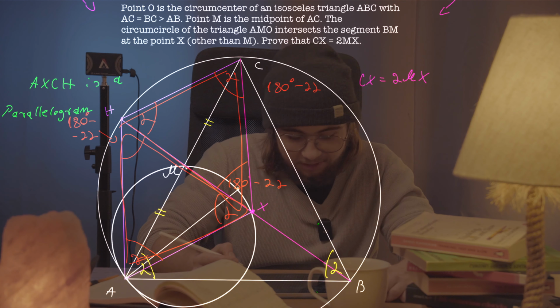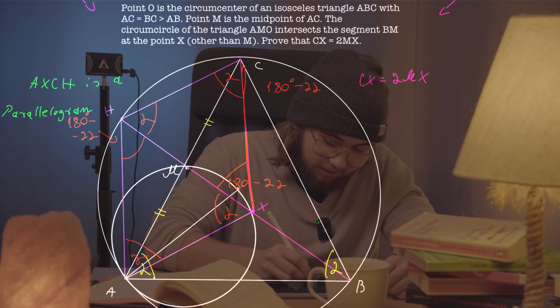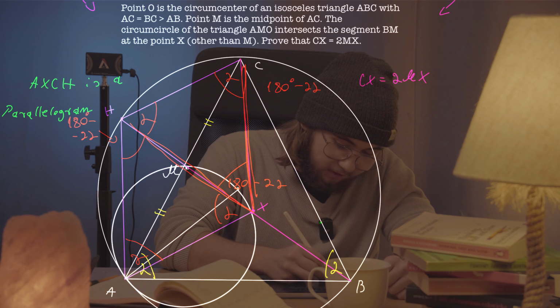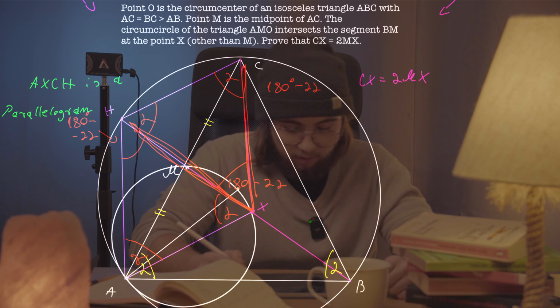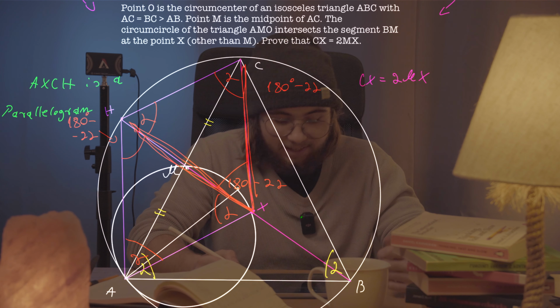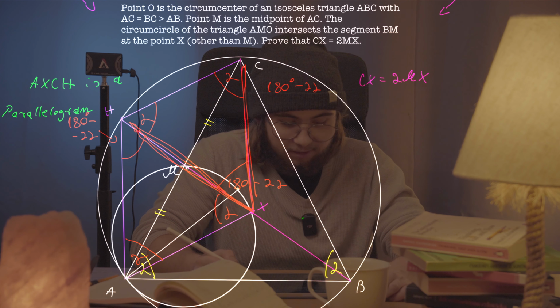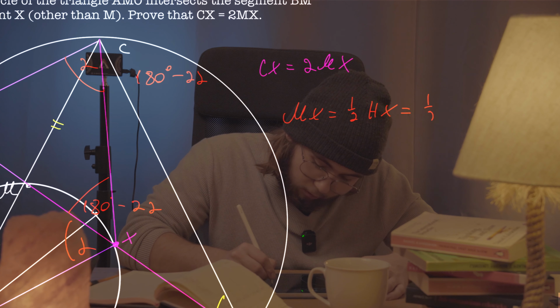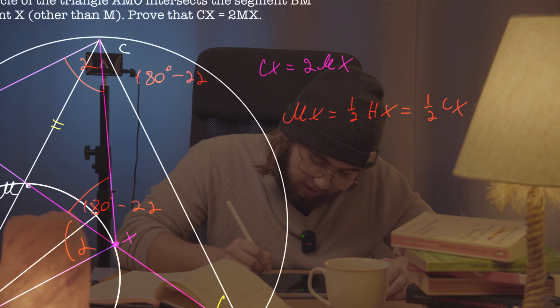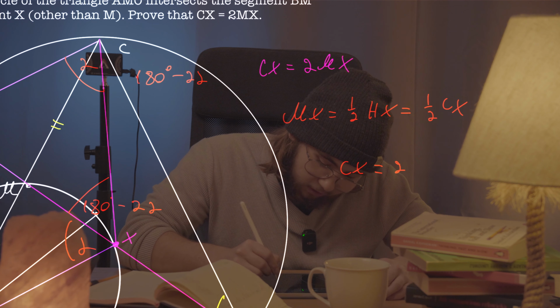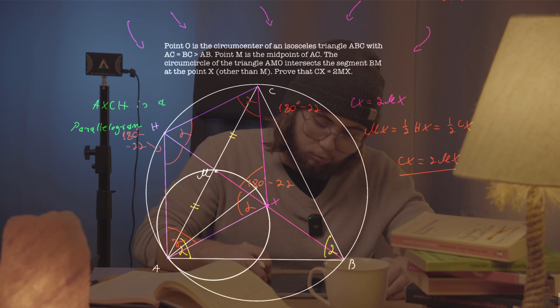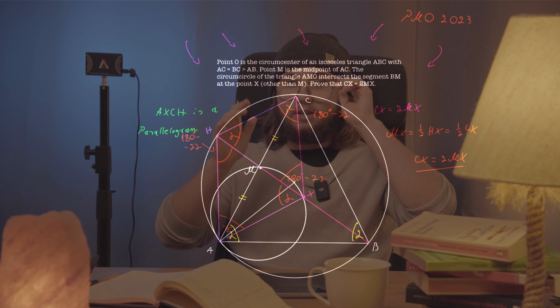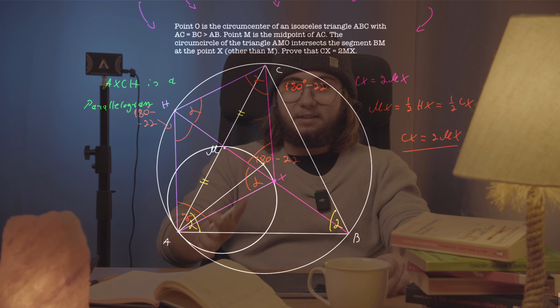And thus, we see that this side CX is equal to this side HX of the triangle HXC, but you see MX is just half of HX, but that's equal to half of CX. And so we've got that CX is equal to double MX, which was exactly what we were supposed to prove in this problem.